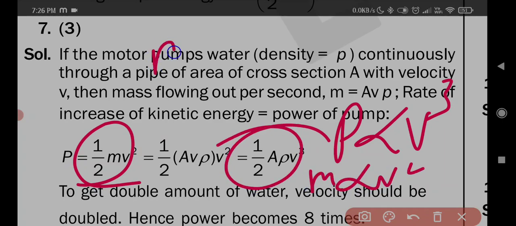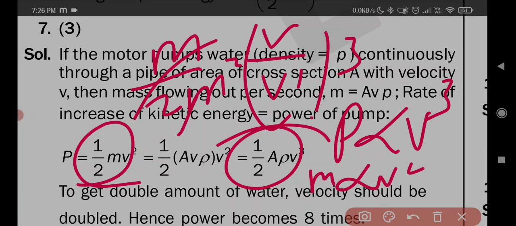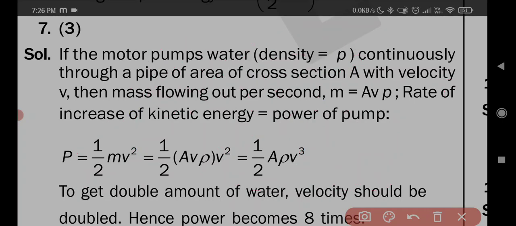If I want double mass, what should I do? I should cube this velocity.